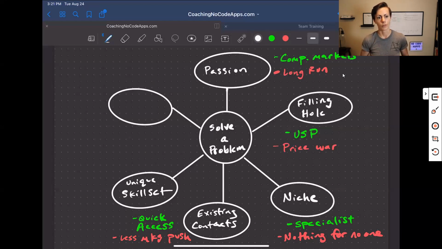For example, a lot of our own clients have careers in their industries, or maybe they're really avid consumers in their industries, or they have some sort of background that gives them a unique skill set, which allows them to solve the problem that their app is intended to solve. Now, a lot of them come into this already knowing how to solve the problem in other ways, and therefore they can take all of that insight and knowledge, and package it up into a more automated solution, an app.